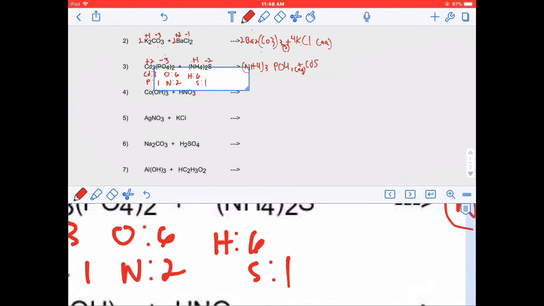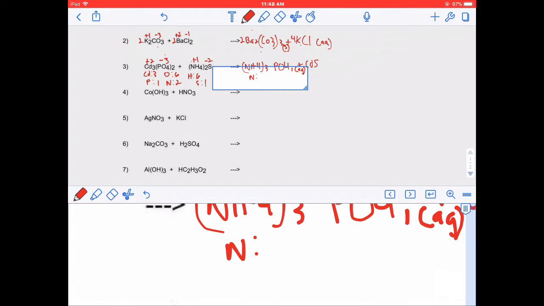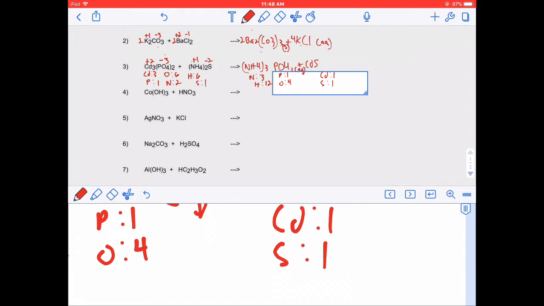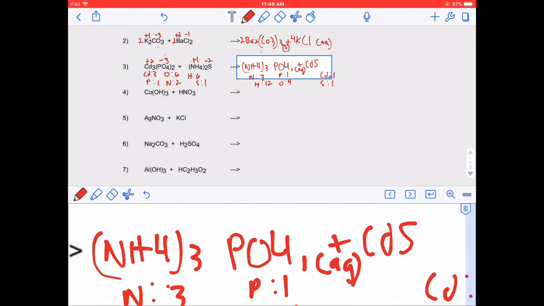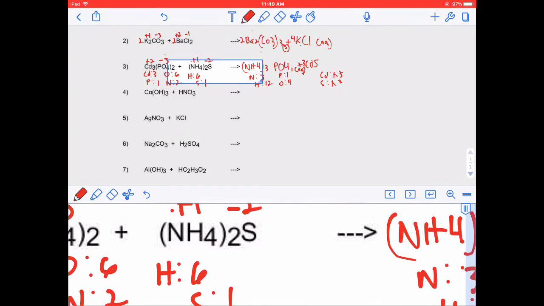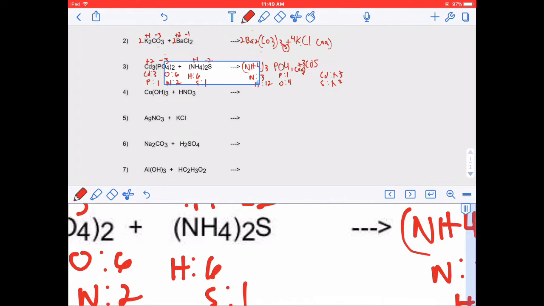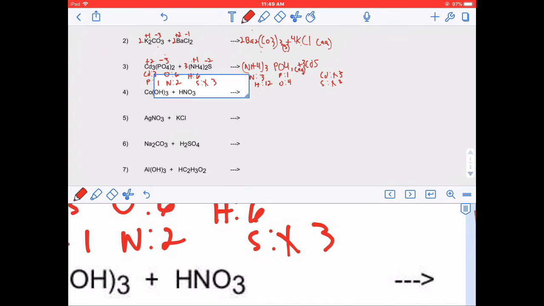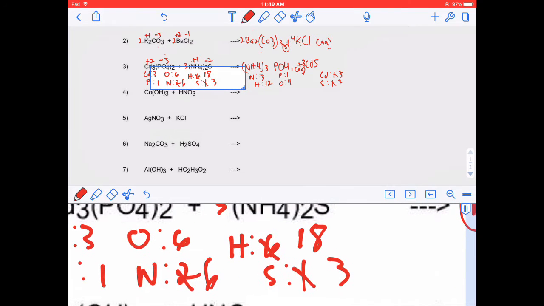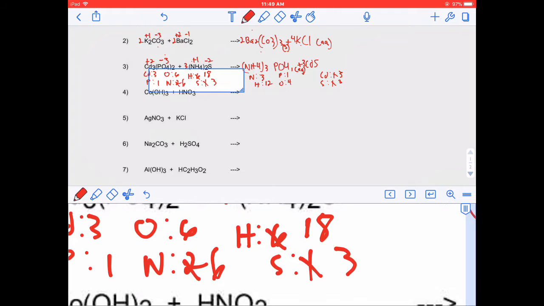Right here I'm just balancing it out. After I find out the charges and if they're soluble or not, I just balance it out like a regular equation. I'm wrapping it up here, balancing it out, finding the final product. The CdS is not soluble or insoluble, so that's why it has nothing next to it.